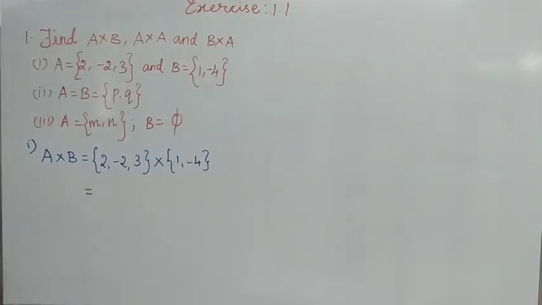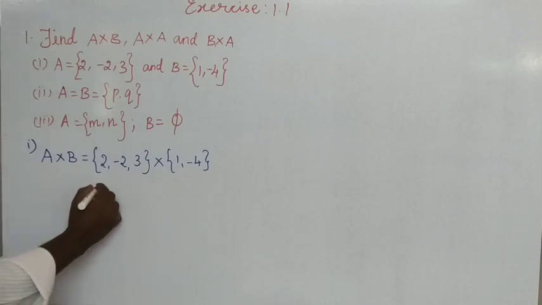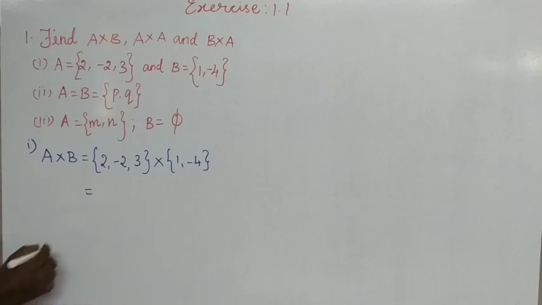First write what is given in the elements of A and B. Next, we have to make the Cartesian product now.